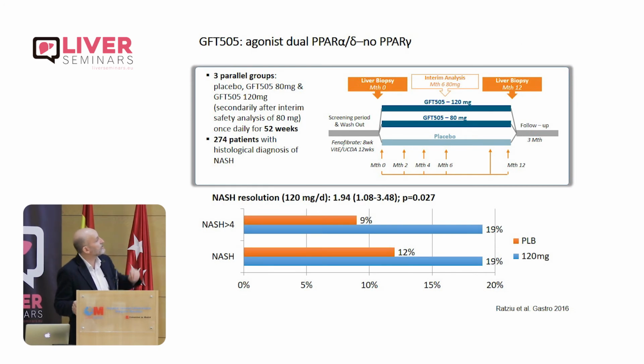Elafibranor, a dual PPAR alpha and delta agonist, demonstrated some metabolic effect in the phase 1b and 2a studies. They demonstrated that it could promote NASH resolution in 9% of patients receiving placebo versus 19% in patients receiving the drug.